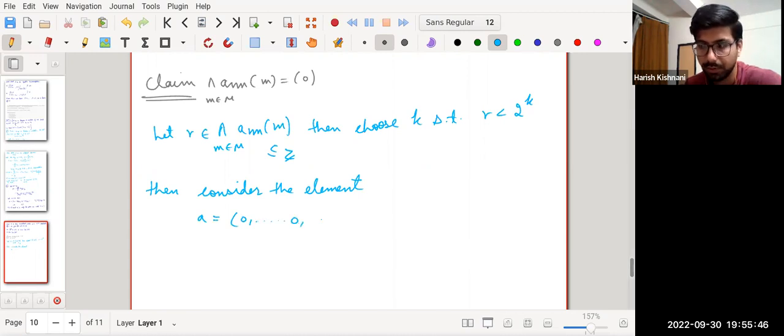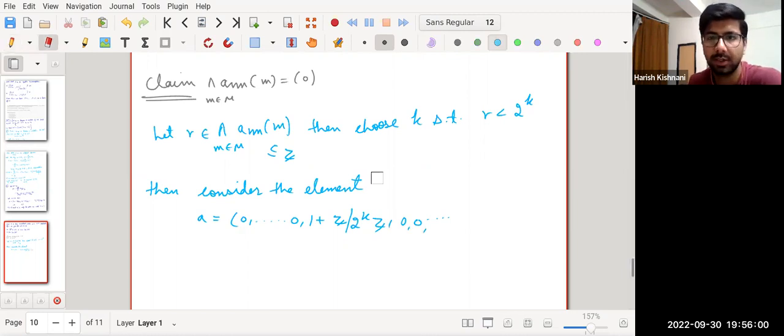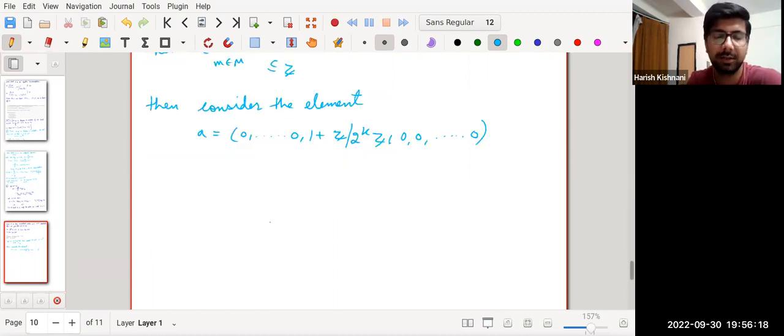Here you have 1 plus 2^k Z, and after that it has 0 everywhere. Although we can choose anything arbitrary after 1 plus 2^k Z, because this part won't be 0 by r, for simplicity choose an element such that it is 0 everywhere except at the kth coordinate.